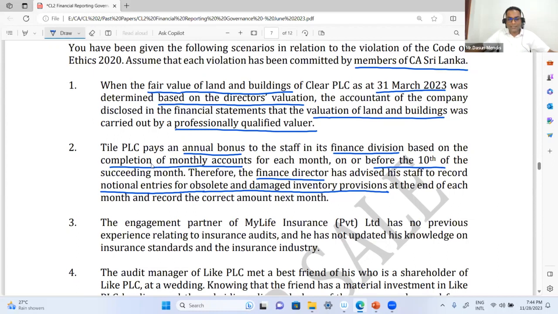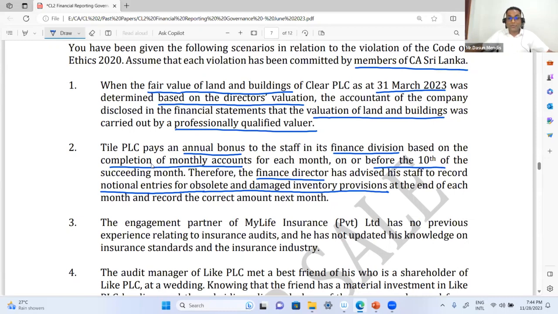Because of that, you close the accounts by making a provision. Then maybe after the 10th of the following month, you relook at it and adjust the provision figure, finalizing the correct amount maybe on the 20th of the next month. So what he does is adjust the provision value.